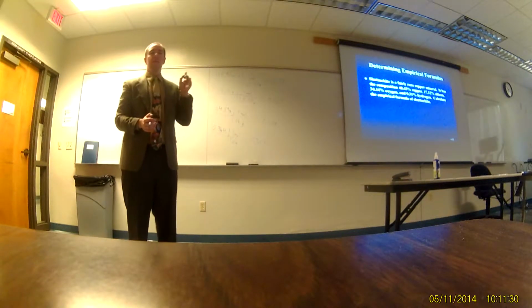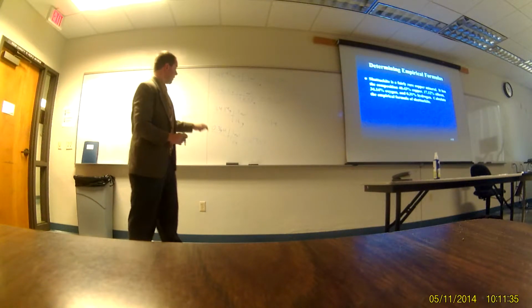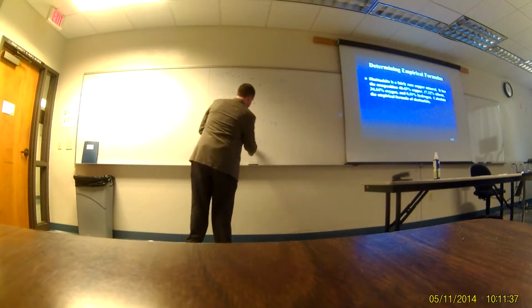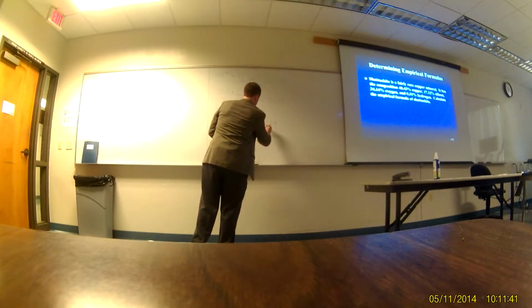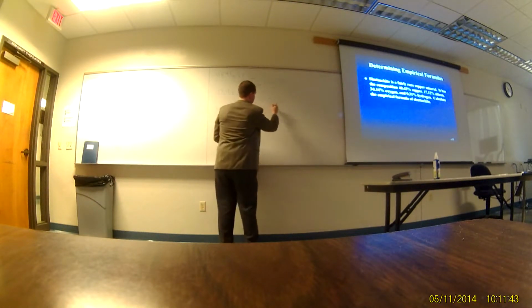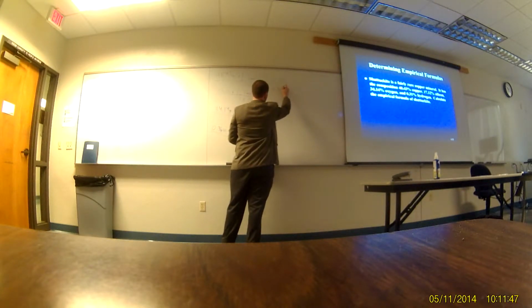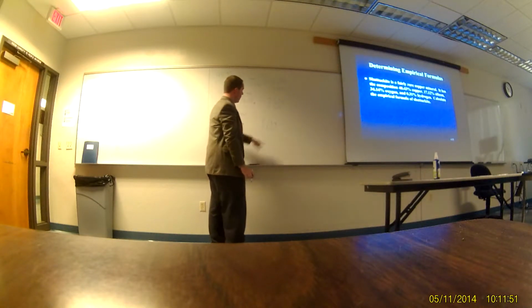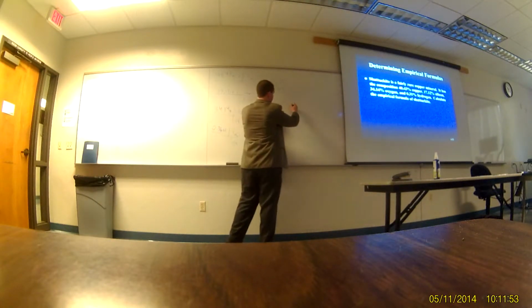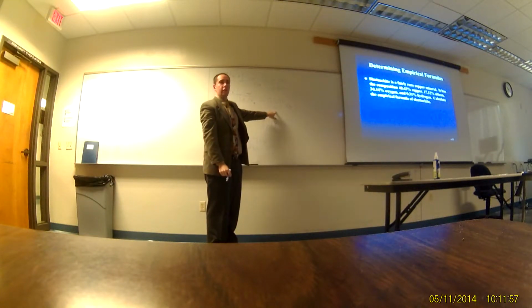Divide them all by the smallest one. What is the smallest one? 0.307. So this one is obviously 1. That one is approximately 2, very, very close to 2.